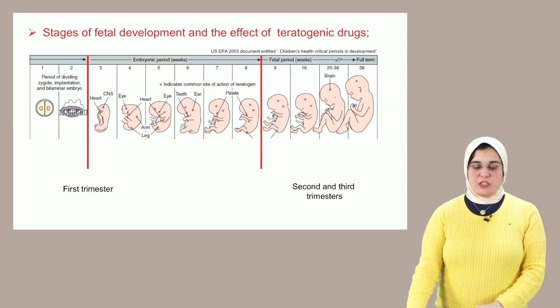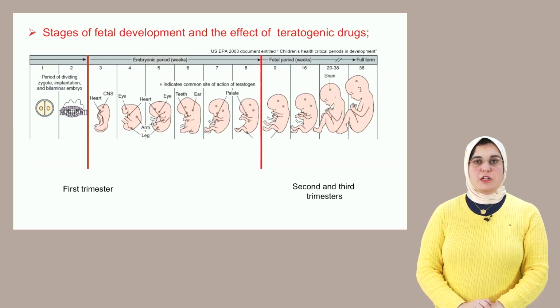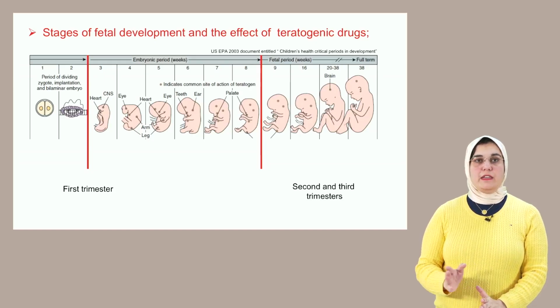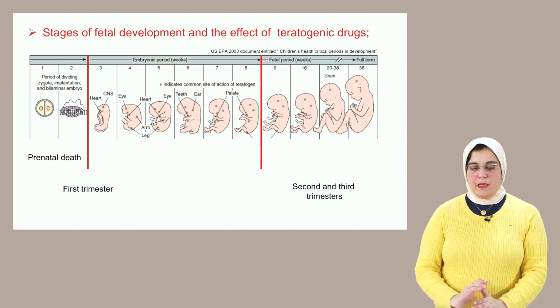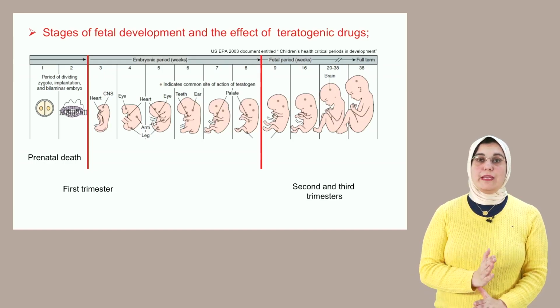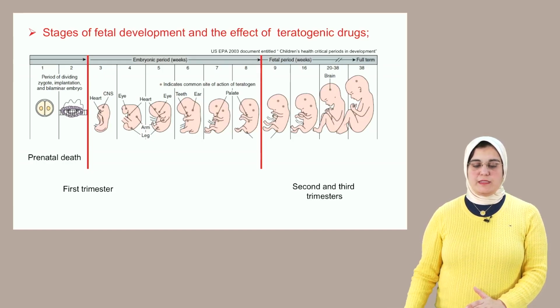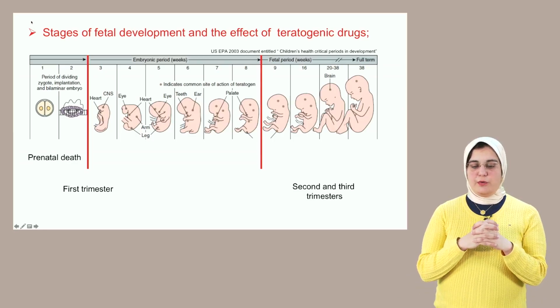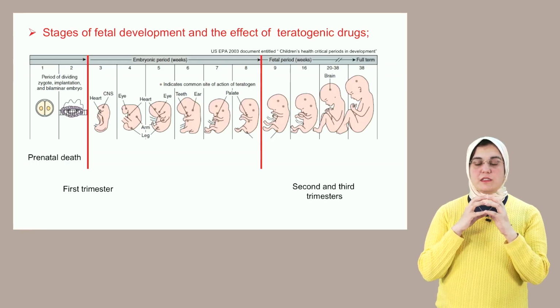As I just mentioned, the first trimester is the first 3 months of pregnancy, and we can divide it into 2 phases. The prenatal phase, which is the first 2 weeks of gestation, as you can see, sees the union of the ova and sperm to make one bunch of cells.